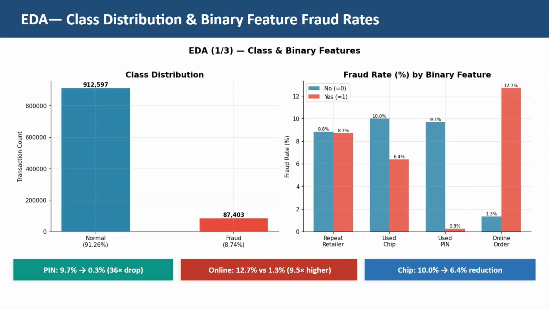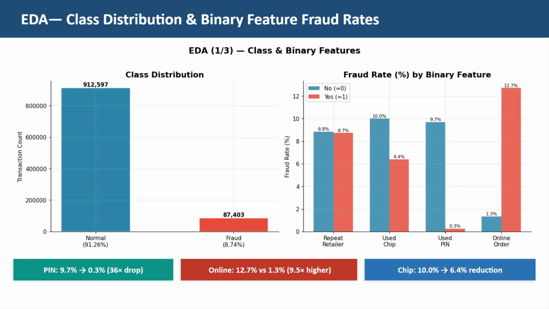We can tell that almost 91% of the transactions are normal and only 8.7% are fraud, which makes sense for real life. As for the fraud rate, we can notice that online orders have a really high fraud rate compared to the other orders.